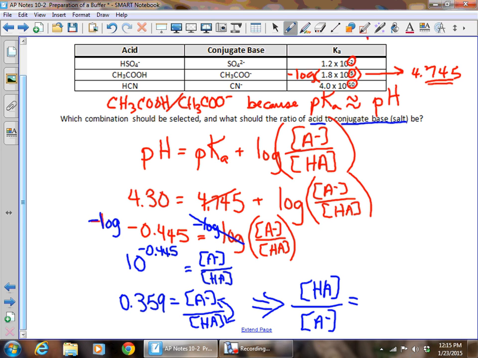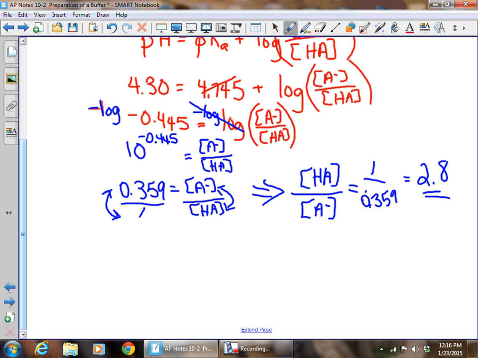And if I'm going to flip-flop those, I better take the inverse of this, right? So 1 over 0.359, which is 2.8. And I don't want to give anybody a reason to not give me credit for this, so I'm going to state it just like the problem did.